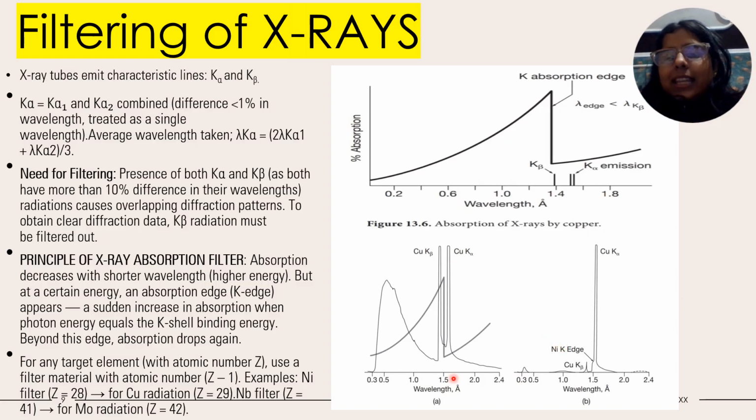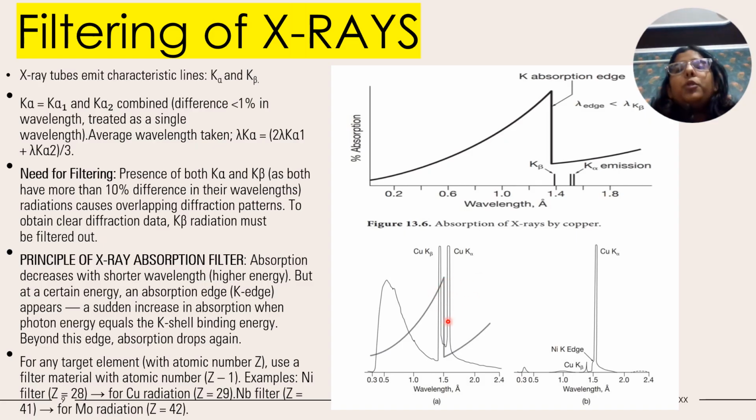As you can see in this figure, this shows the radiation produced by copper. This is the K alpha radiation of copper, this is K beta, and this is the white radiation which we have discussed earlier. We don't need K beta or the white radiation.